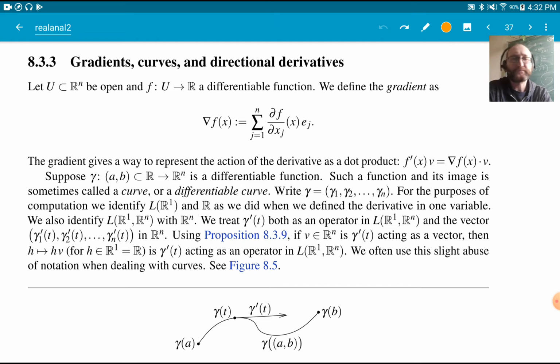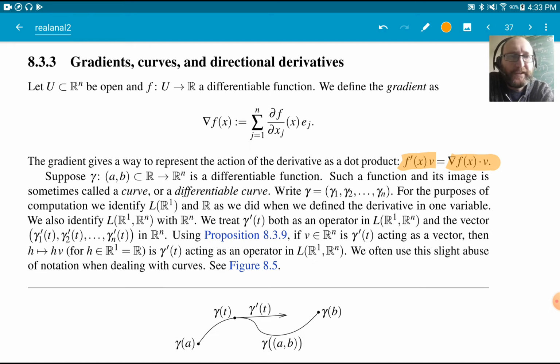Anyway, when we're doing a dot product, it's sort of like taking the transpose of one vector and applying it to the other vector. So in that setting, the derivative applied to a vector is just like the dot product of the gradient with the vector. So essentially, in some sense, it's the same thing.